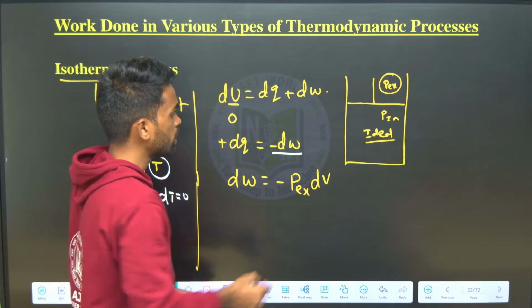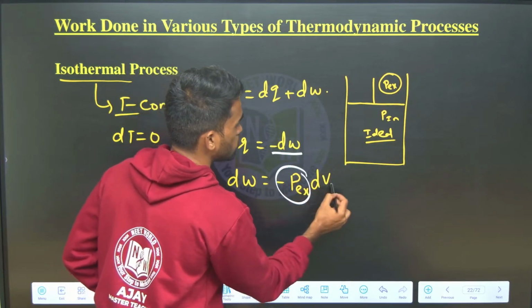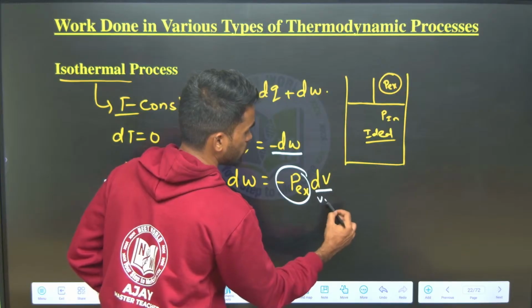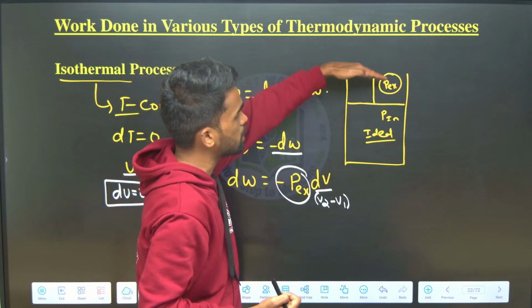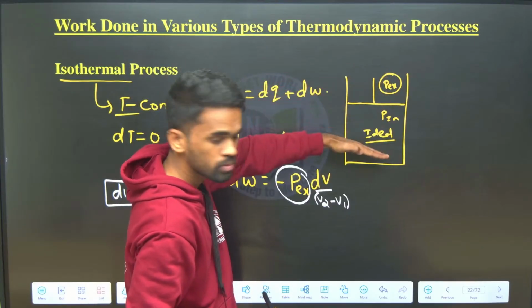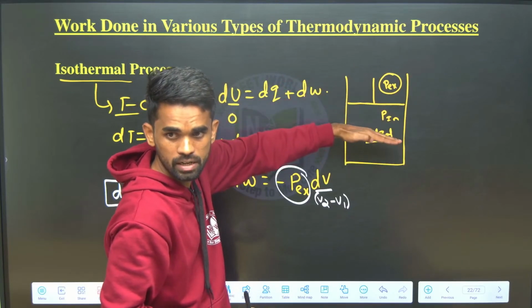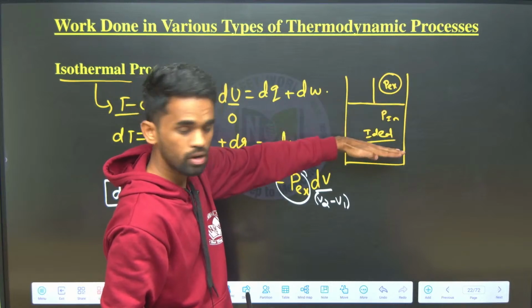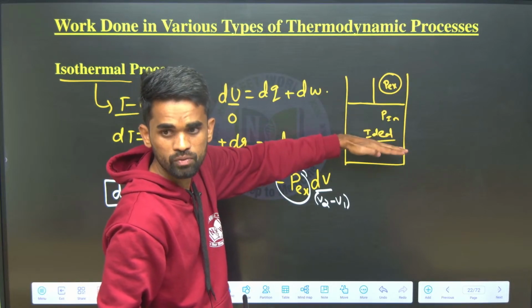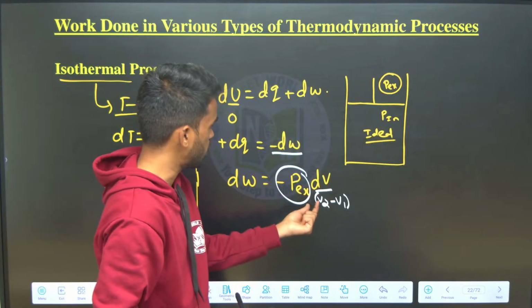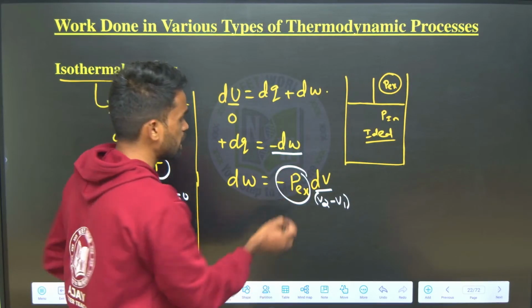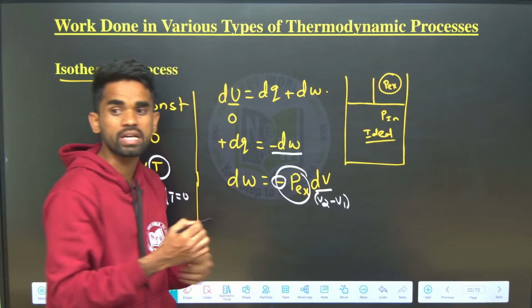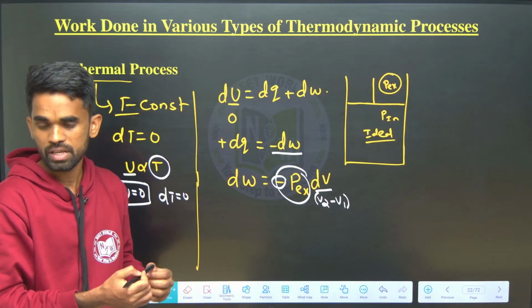So P external times change in V, which is V2 minus V1, final minus initial. If external pressure is more, what happens to the volume of this cylinder? It is compressed, so volume decreases: V2 will be lesser than V1. Depending upon that value, your sign will change. The negative sign in the formula indicates work done by the system in chemistry.